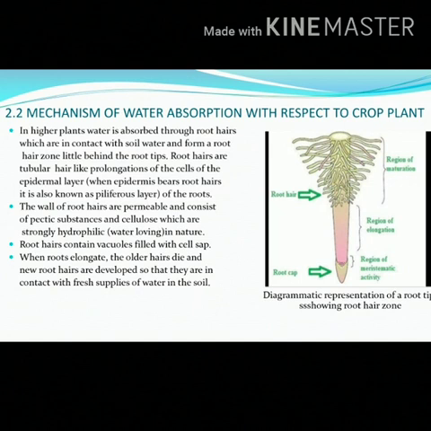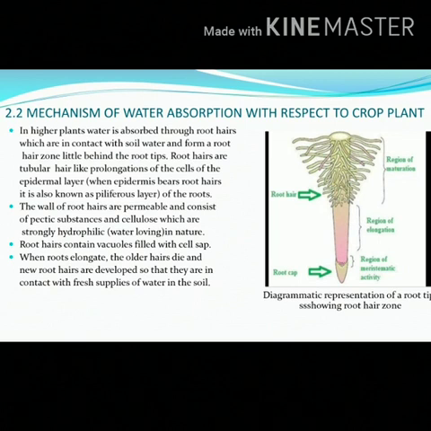The walls of root hairs consist of pectic substances and cellulose, and both these substances are strongly hydrophilic, that means water loving in nature, and these walls are also permeable to water. So due to these characteristics, the root hair zone or root hairs take part actively in absorption of water from the soil.